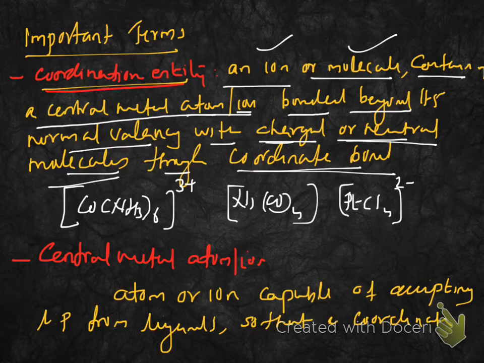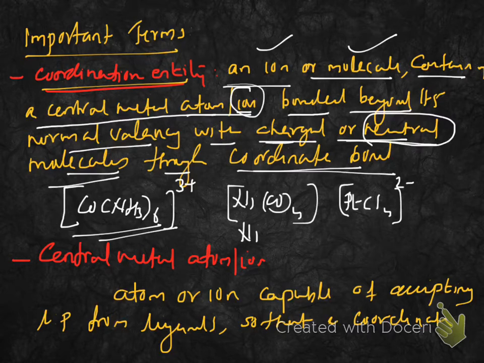Here, Co3 plus ion, a metal ion, combines with neutral molecules of ammonia to form a complex coordination entity. Here, an atom, not an ion, nickel atom, combines with neutral molecule carbon monoxide to form this complex.